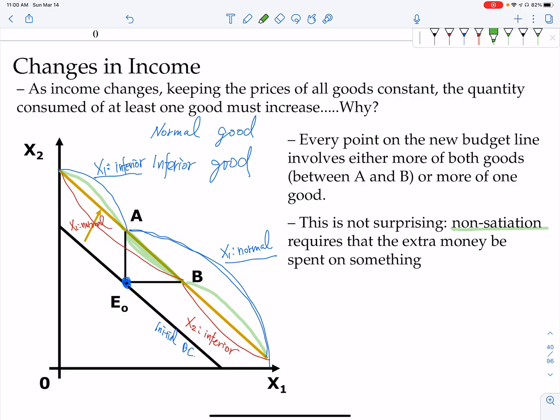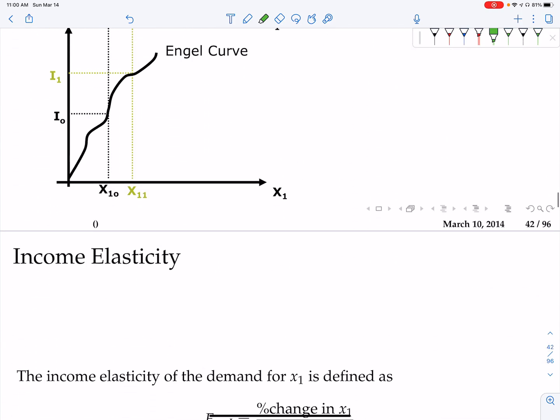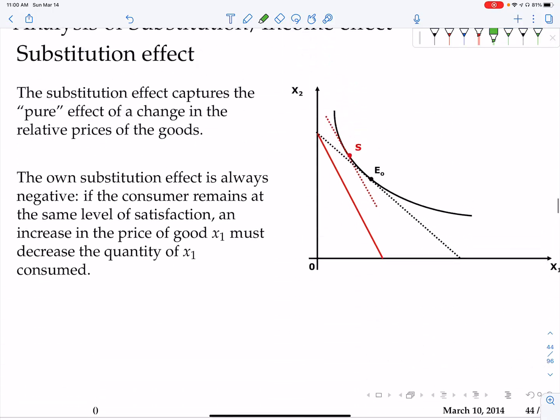That means you have some money left. So that's just not possible. So both of them being inferior goods is not compatible with the assumption that the preference satisfies non-satiation. Okay, so at least one of them has to be a normal good. All right, so we'll talk about this one later.